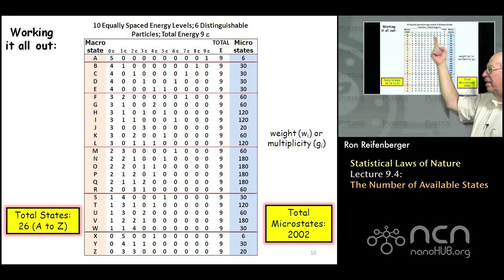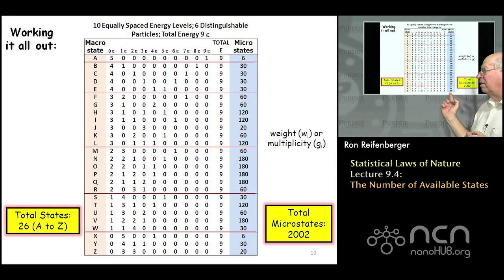You'll find that every line in this table adds up to a total energy of 9 epsilon. And then the degeneracy, or the number of microstates for each possible macrostate, is also listed. And these degeneracies are something that you should be able to calculate given the distribution of particles to achieve that particular macrostate.